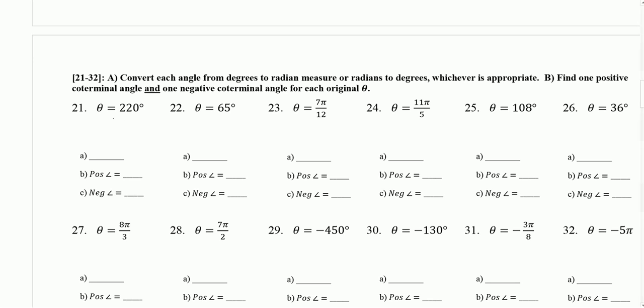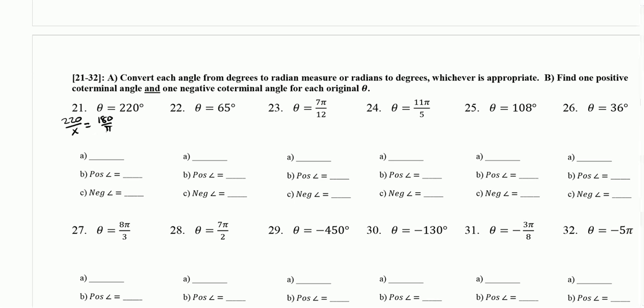To make this conversion work, I'm going to say 220 over x is 180 over pi. Degrees over radians is equal to degrees over radians, and we know that pi and 180 are equivalent, and 220 and x are also equivalent conversions.